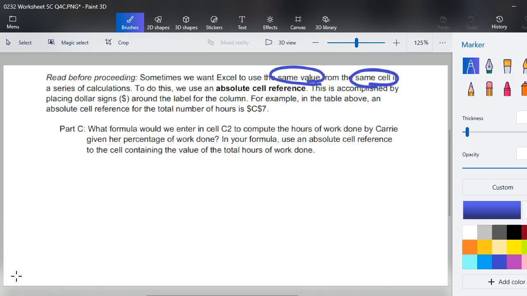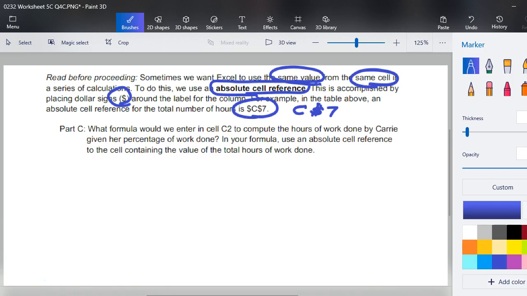To do this, we have to use what is called an absolute cell reference. This is accomplished by placing dollar signs around the label for the column. For example, in the table above, an absolute cell reference for the total number of hours is, as you see here. There is a shortcut. Very likely you can just use C$7. Be aware of both. Practice so that you can use whichever one works or is needed.